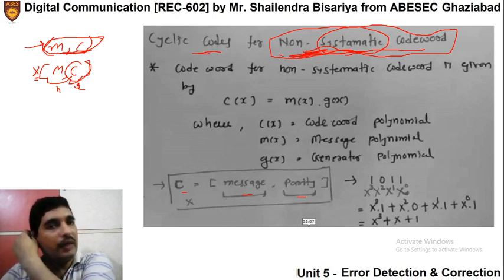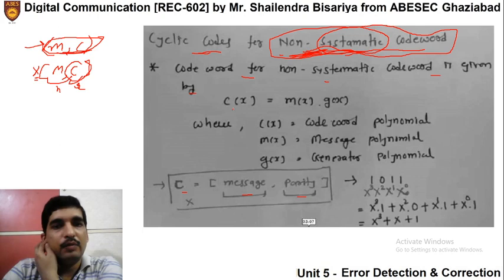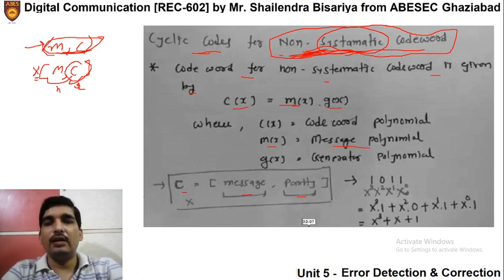How will we find that? The code word for non-systematic code words is given by polynomial c(x) equal to polynomial m(x) into g(x), where m(x) is the message polynomial, g(x) is your generator polynomial and c(x) is your code word polynomial.